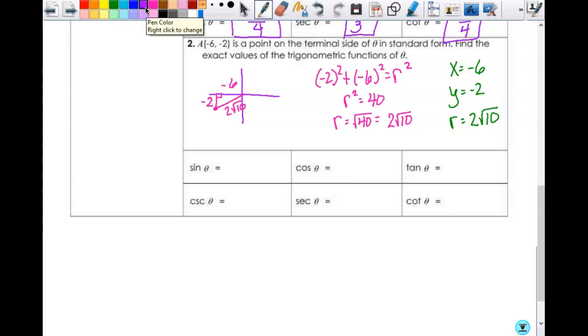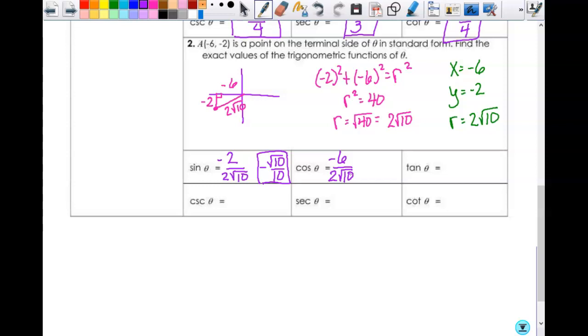So sine is y over r. This is negative 2 over 2 square root of 10. So the 2's are going to cancel out. That leaves me with 1 over the square root of 10, which becomes negative square root of 10 over 10. Cosine is negative 6 over 2 square root of 10.